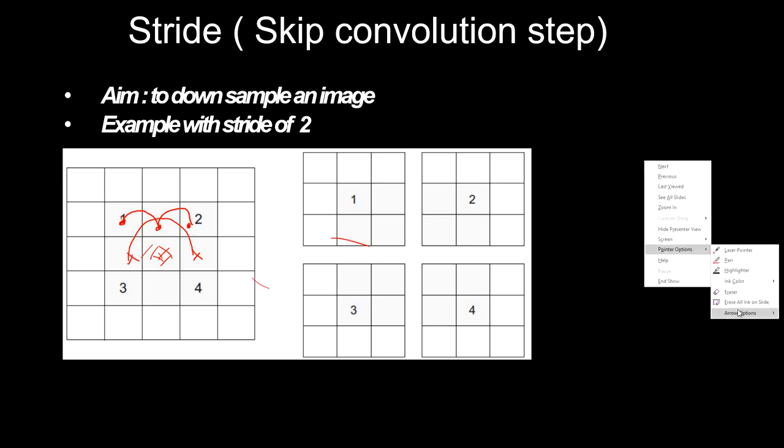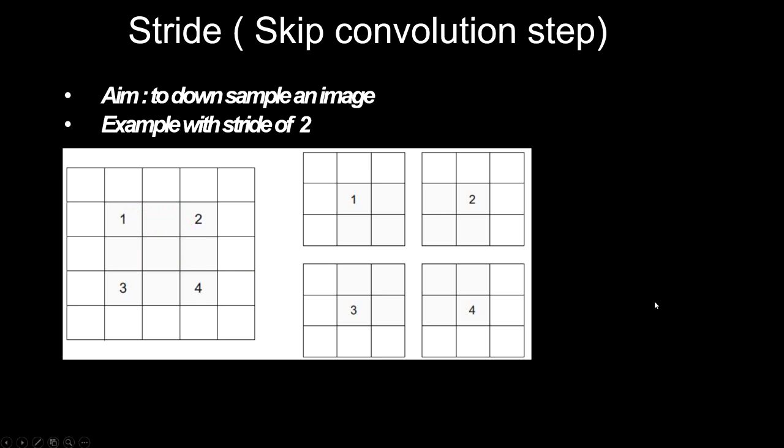So for this case, if I perform the convolution process using a 3x3 kernel, with stride of 2 you will only apply your kernel in the first location, second location, third location, and fourth location, and then you have the output image.